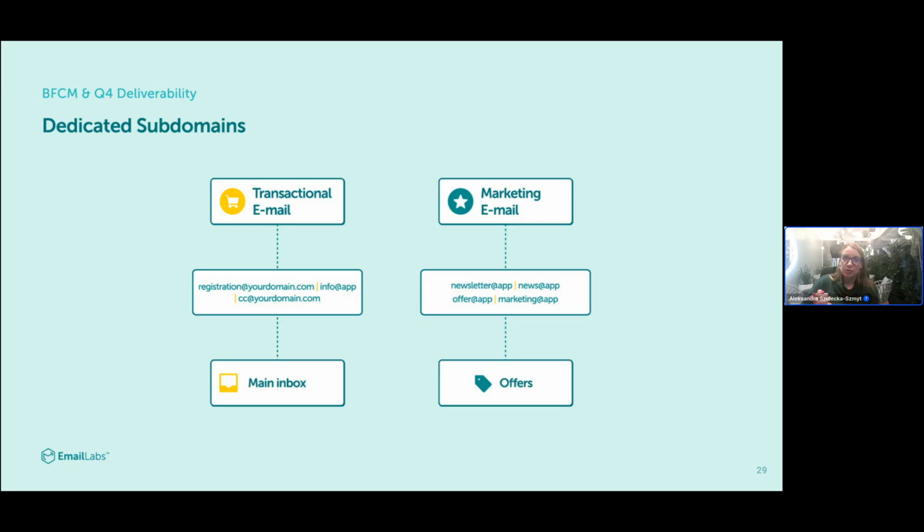I also recommend using a completely different email domain for sending policy updates, because policy updates are not very popular among recipients, and they do not interact with this kind of traffic well. So, not to cause your main domain reputation to decrease, you can use another domain for policy updates completely.